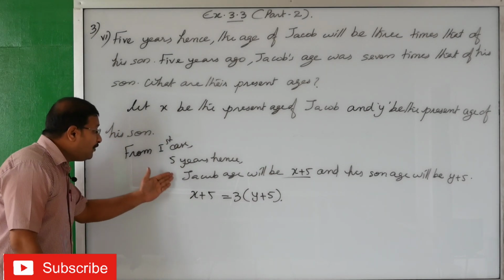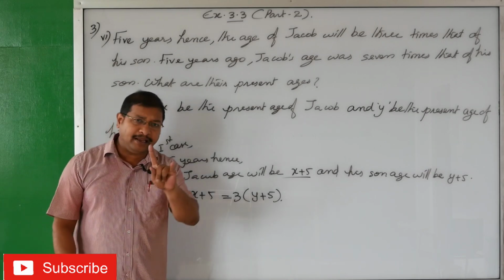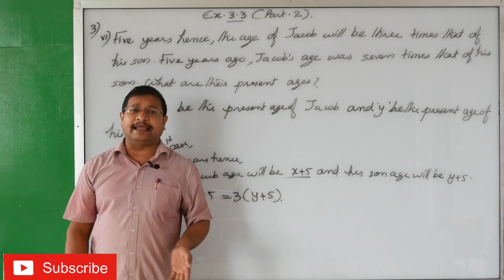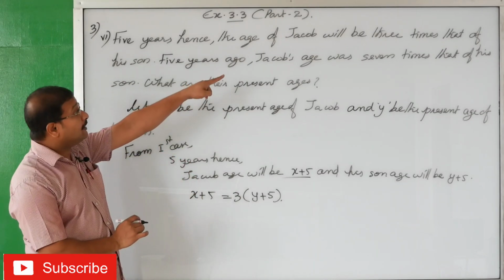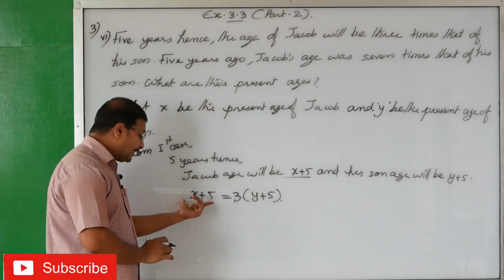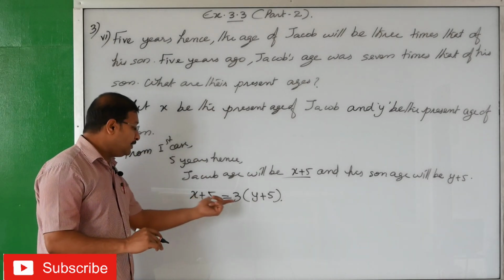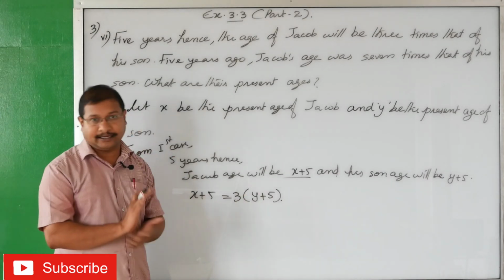After 5 years, Jacob's age will be X plus 5 and his son's age will be Y plus 5. Jacob's age will be 3 times that of his son, so X plus 5 equals 3 into Y plus 5.